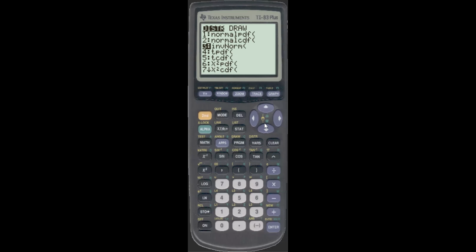Have you used inverse norm before? Yes. Oh, good. Now your calculator is probably going to be much more helpful than mine. Mine doesn't actually give me anything when I hit enter. Can you tell me what the screen shows when you pull up your calculator? How did you get inverse norm again?